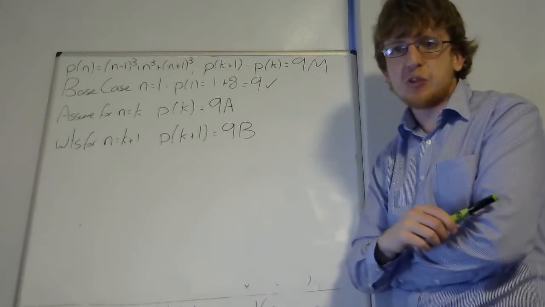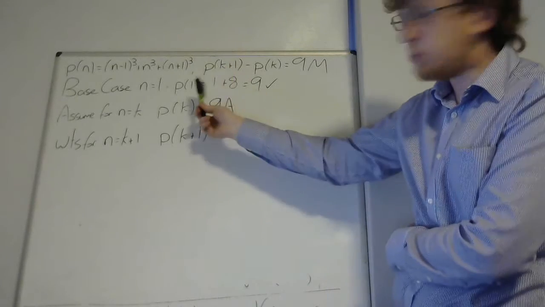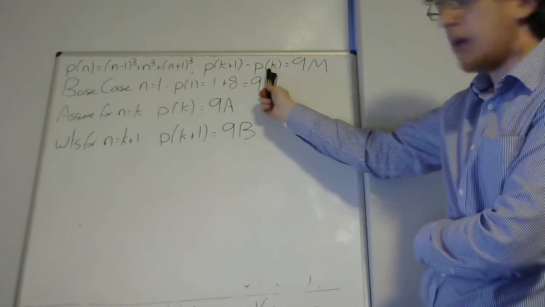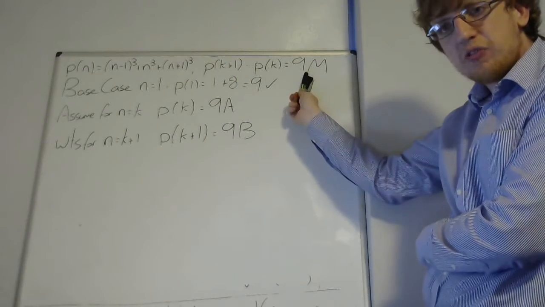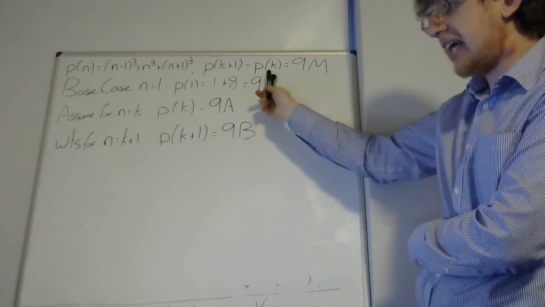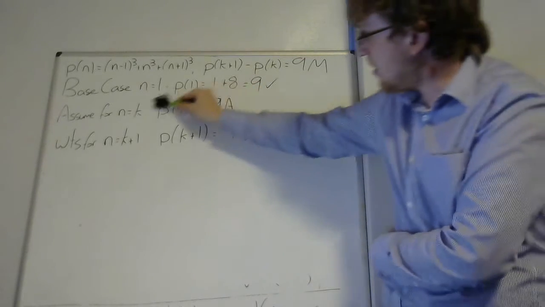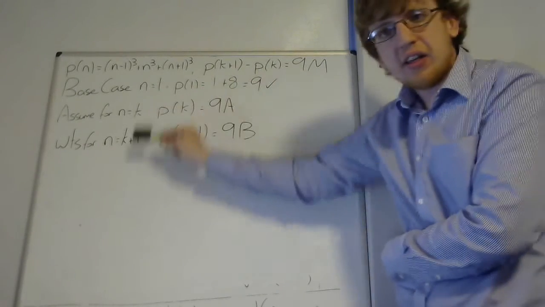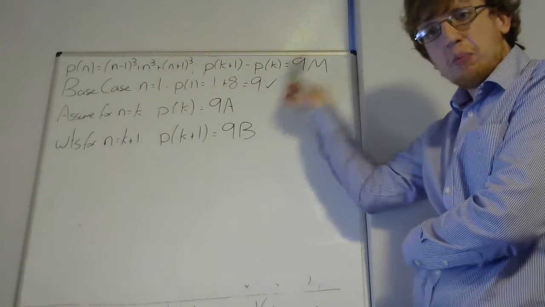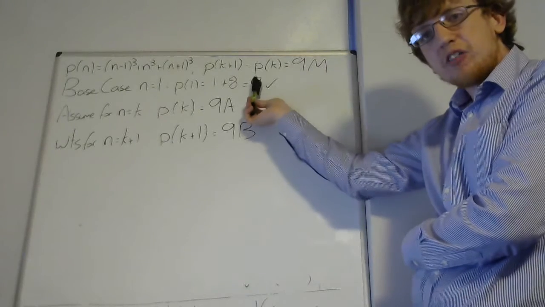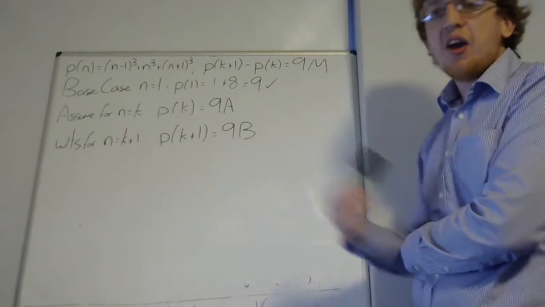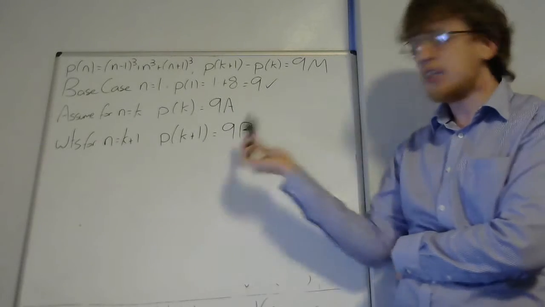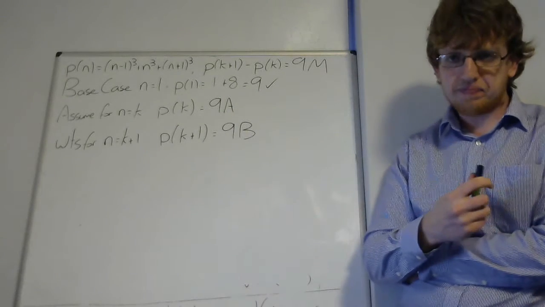Now this is what you have to spot. If the difference between P of k plus 1 and P of k is a multiple of 9, and P of k, by our assumption, is also a multiple of 9, so we've got the difference between two numbers is a multiple of 9, and one of those numbers itself is a multiple of 9, that must mean that the other number, P of k plus 1, what we want, is also a multiple of 9.